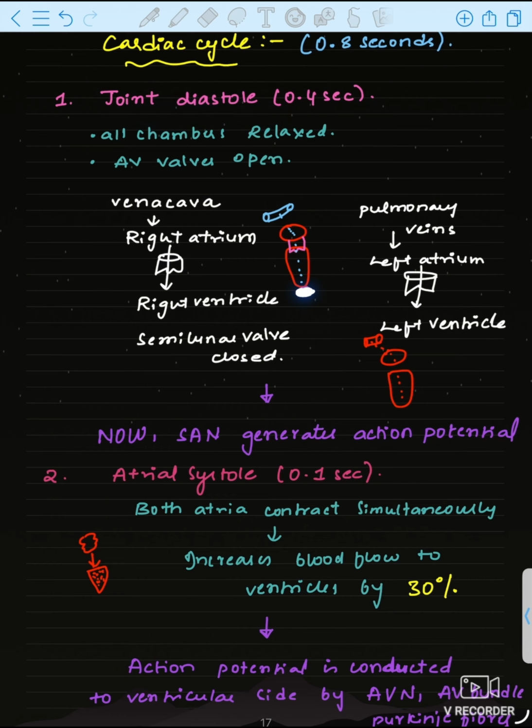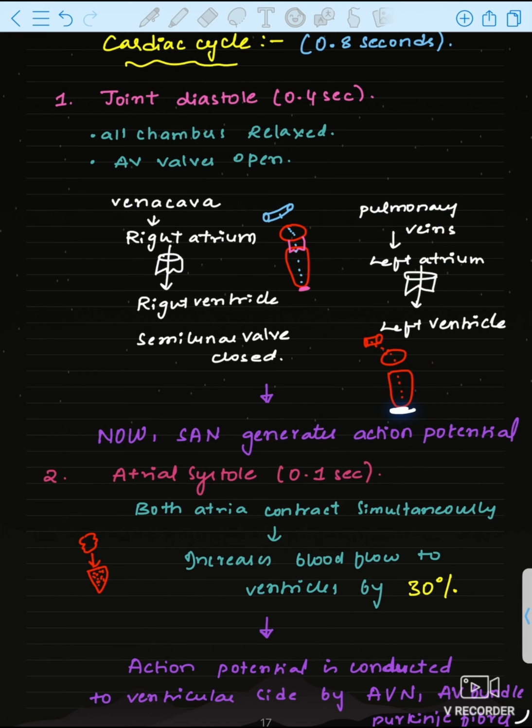But here you can see the semilunar valve is closed, so blood will not go further into the pulmonary artery or aorta. Pulmonary vein blood from the lung will enter into the left atrium, and as the bicuspid valve is open, it will enter into the left ventricle.